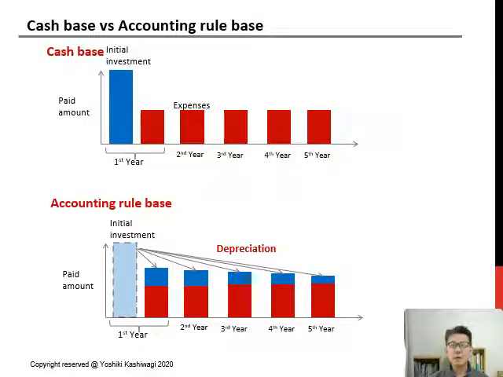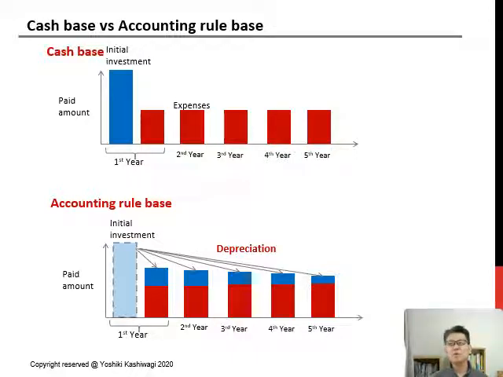Because if you take this amount as an expense, how about your profit in this year? Because you have a huge amount of expense only in the first year, even if you have some sales amount, obviously you have a huge negative profit in the first year.